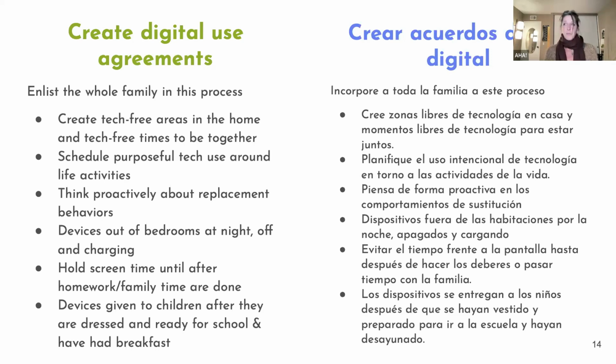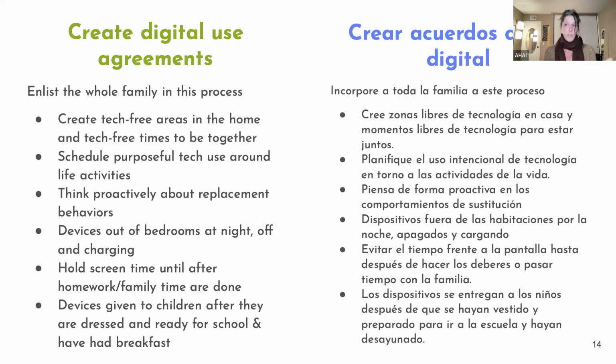Keep devices out of bedrooms at night, off and charging. Hold screen time until after homework and family time are done. Not that it's a reward for doing those things, but it's just less important. And we hold it as a lower priority than doing these things that really need to be done, like homework and spending time connecting with family.